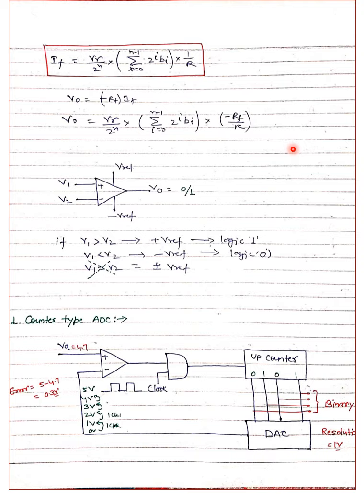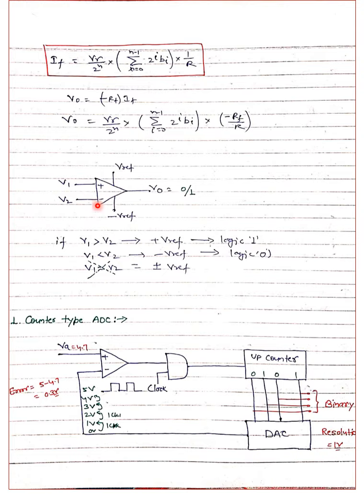Now let's start the analog to digital converter. The first is the counter type ADC, also known as the RAMP type ADC. Before going to this, we should remember the comparator circuit using an operational amplifier, as we have studied in the operational amplifier unit, that an op-amp without any feedback works as a comparator.